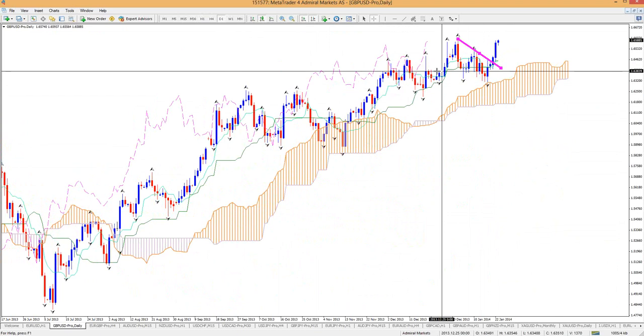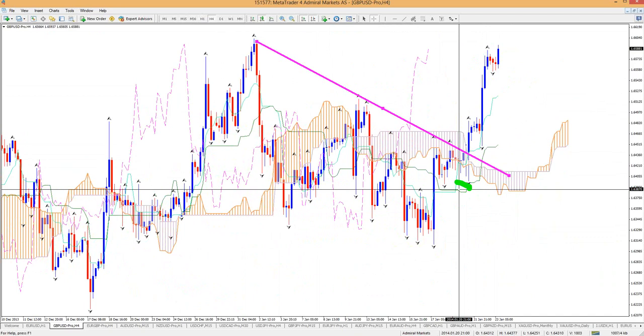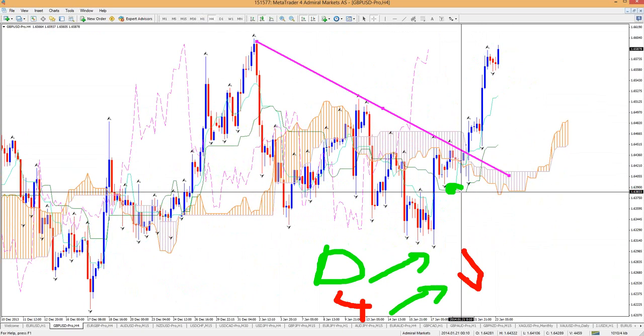So definitely a trend here. This is one of those examples of a weak crossover that's doing pretty good so far, but the daily is up. So if you have a daily up and you have a weak crossover on the 4, then those tend to do better than if the daily is down. Obviously, a weak crossover where it went to the downside when the daily is up goes a lot more choppier in its price action.